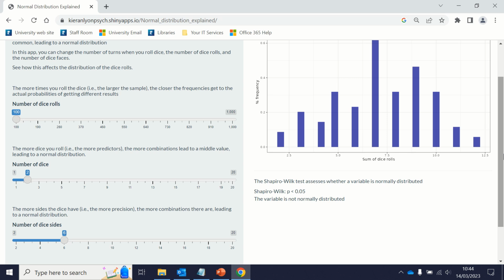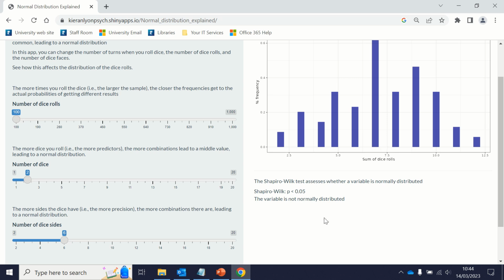It's also the case that whether our variables look normally distributed depends on our level of precision in measuring the thing. So let's imagine that I was performing some analysis and I want to find out about a predictor of an outcome. Let's say we're looking at psychological health, and one predictor could be income. Well, I could say income could just be high or low. It's a two-sided dice, a coin, or I could have a high level of precision.